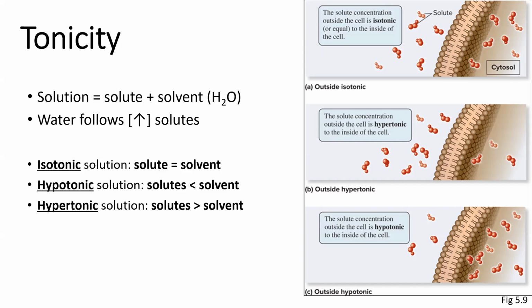So basically, what that means is, wait a minute, I am sitting in a hypotonic solution. I have more solute inside the cell than I do outside the cell. What do you think is going to happen to water? Well, you come back up here and you see water follows solutes.